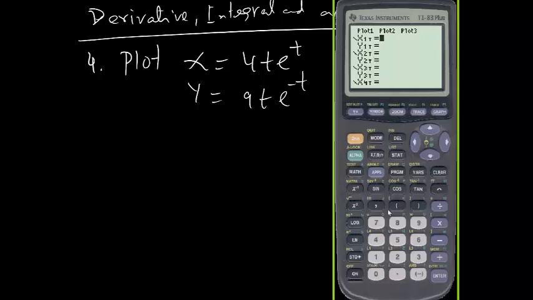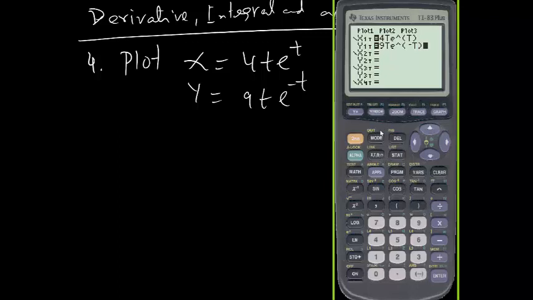So type 4t and then second ln e^t. Uppercase T is fine for this. And the next one is 9t, second ln, -t.